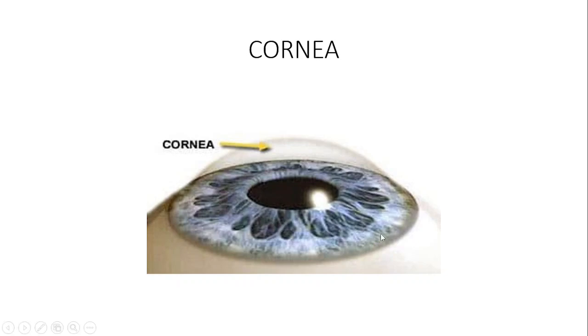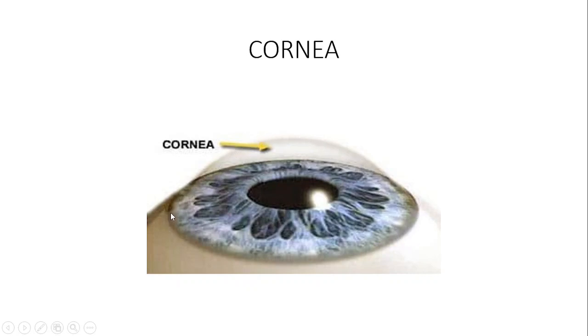It's logical that the structures must be what? Transparent to allow passage of light to stimulate the photoreceptors on the retina. So let's start from the cornea. So this is the cornea. It has outward convexity. It's a transparent layer of the eyeball.